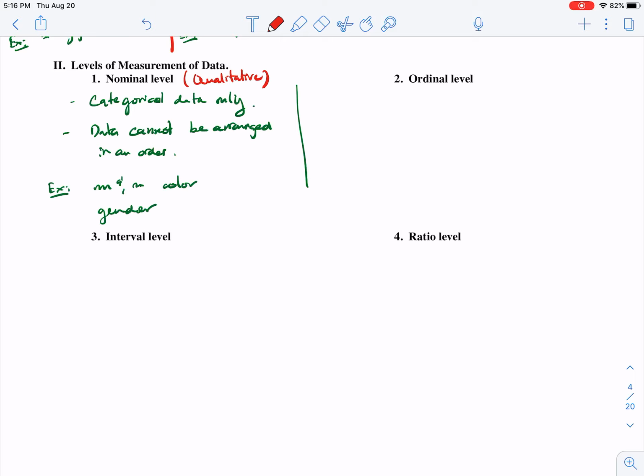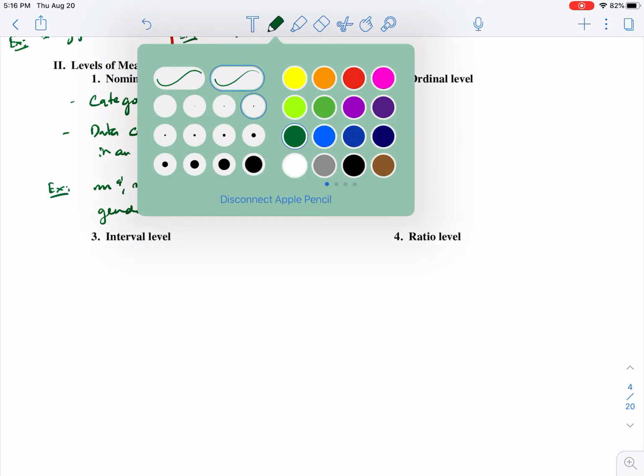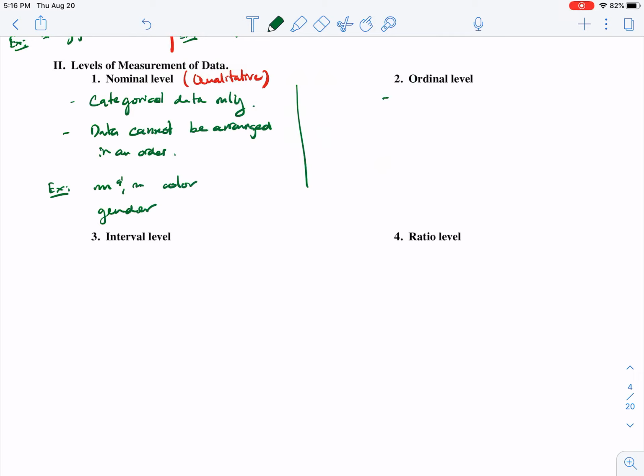Next, we have the ordinal level. Ordinal level is where data can be arranged, but we can't take differences and have them mean anything. Differences are meaningless.